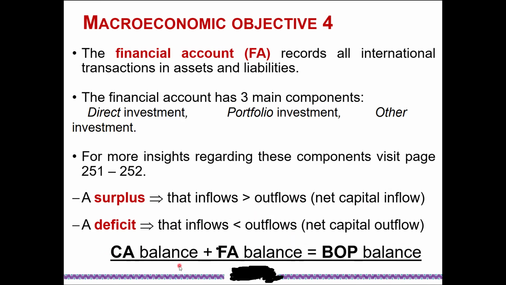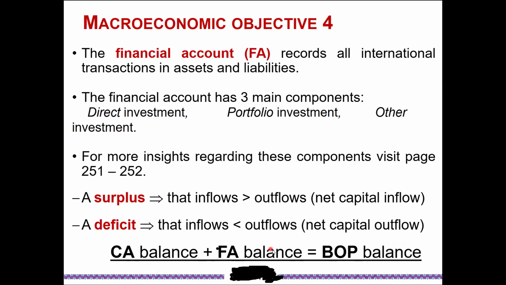So when you add the current account balance plus the financial account balance, you get the balance of payment balance, right? So the current account, remember, is where we interact with the rest of the world through our exports and imports, selling and purchasing.